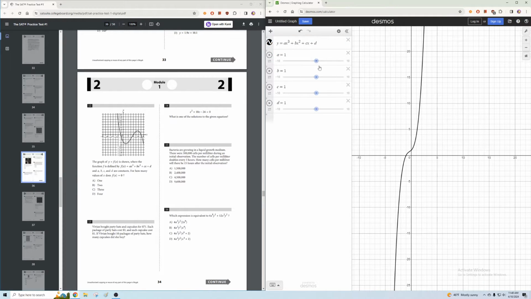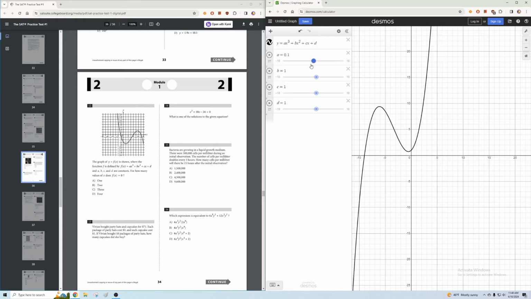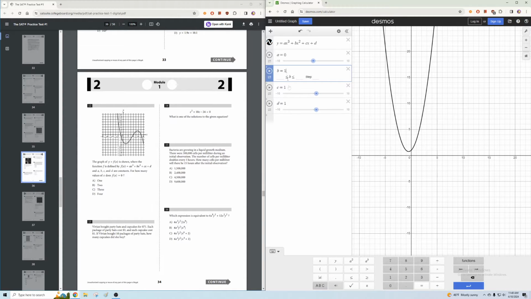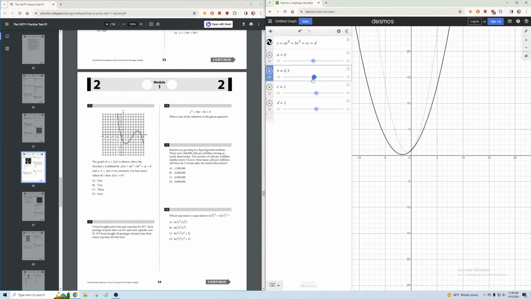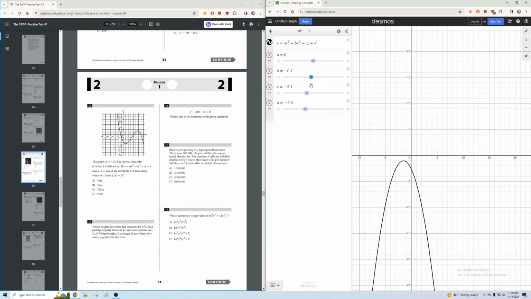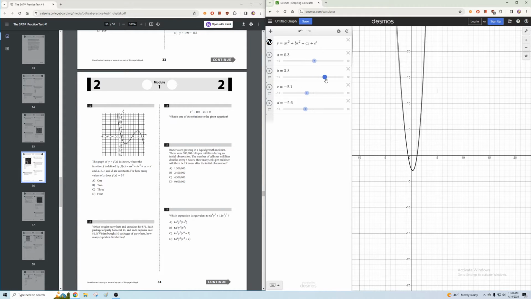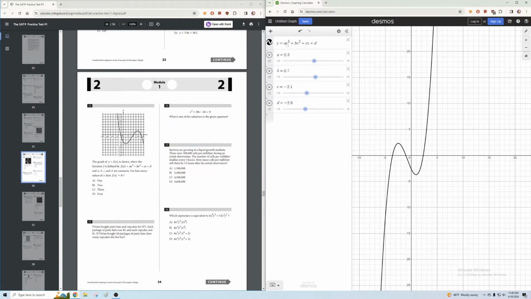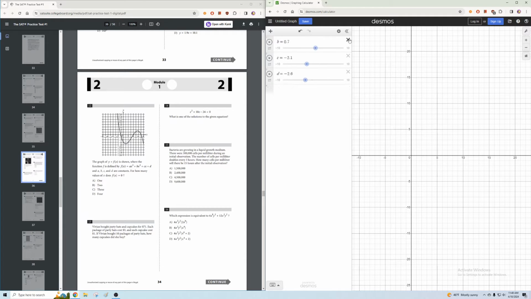If you just hit add sliders for all, you can actually kind of even sort of replicate this situation if you want to. But again, a waste of time for this particular problem. This would be maybe something that I would utilize for a problem where maybe they ask you to find some a plus b plus c plus d where there might be 3 solutions or something along those lines. They do ask questions like that, so this is a useful skill, just not within this particular problem.